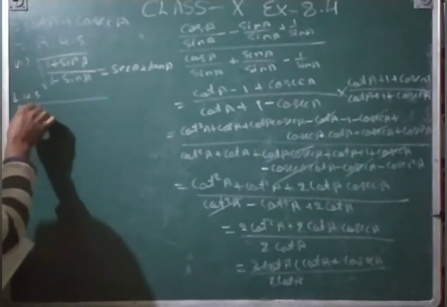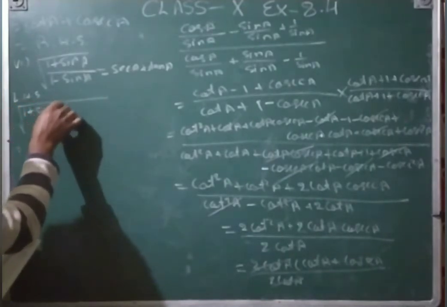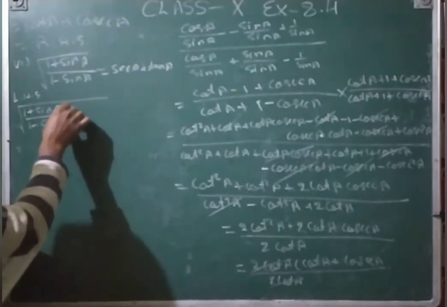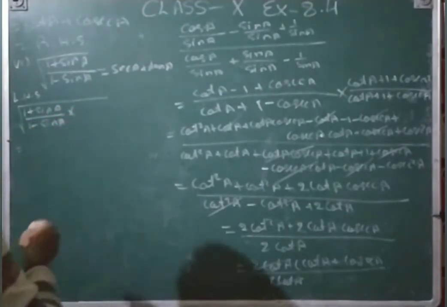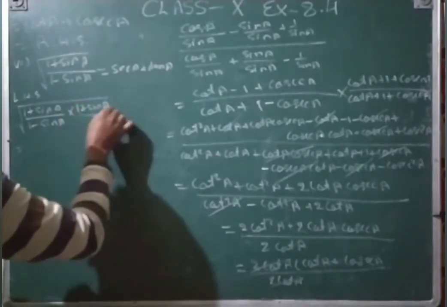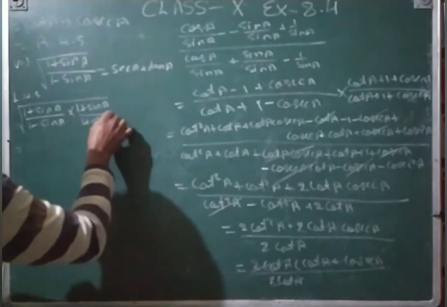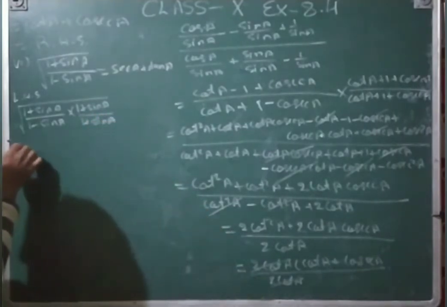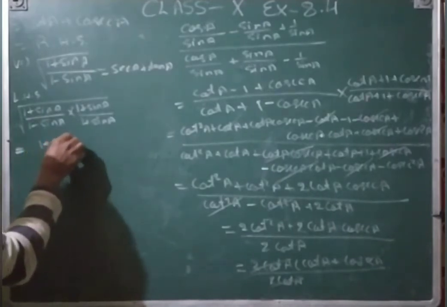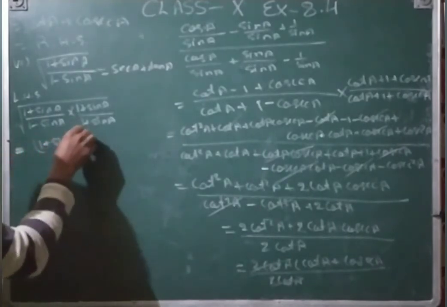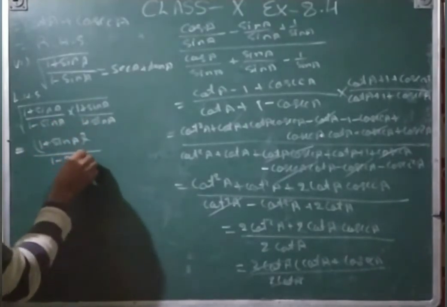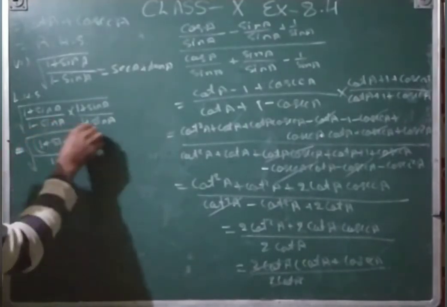So by left hand side, that is 1 plus sin A upon 1 minus sin A, and then we will rationalize the denominator, multiplying by 1 plus sin A upon 1 plus sin A. After the multiplication we write the same, sin A whole square, and that will be 1 minus sin square A under root.